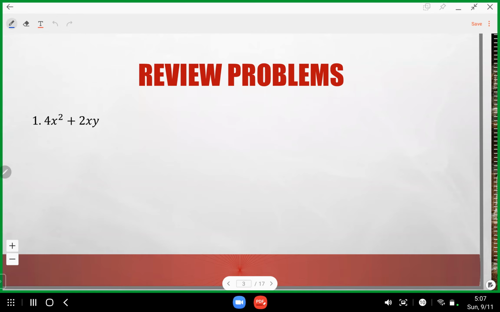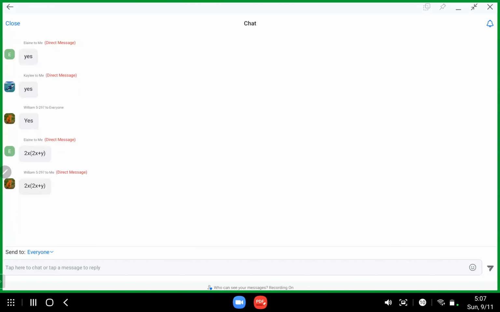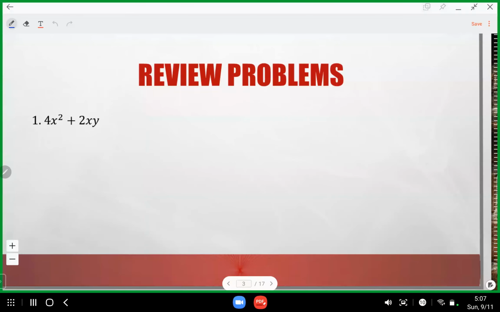All right, so let's review this one. So most people got 2x times the quantity of 2x plus y. Very good. Okay, so what you need to do is that you need to find the GCF. Okay, so let's look at each of the terms here. The numerals for the GCF is going to be 2.